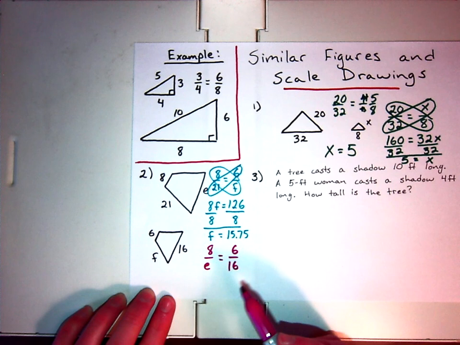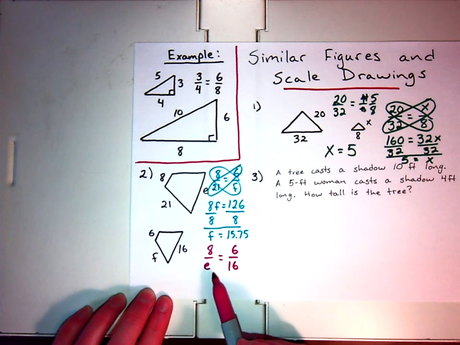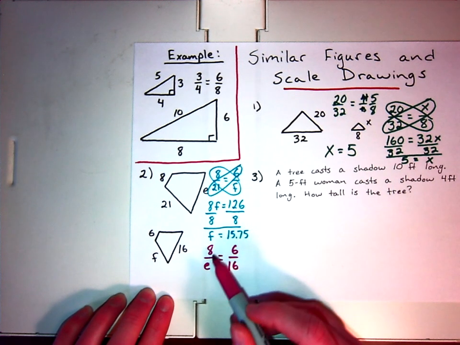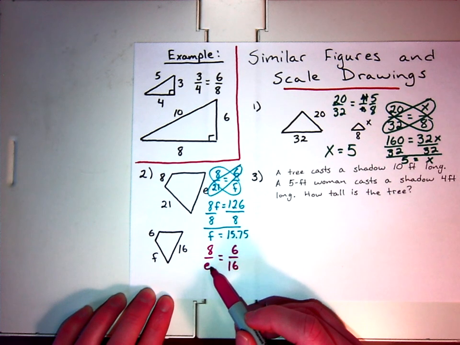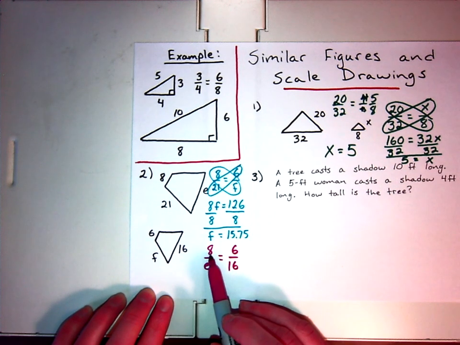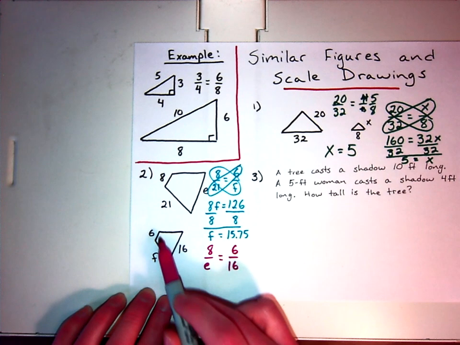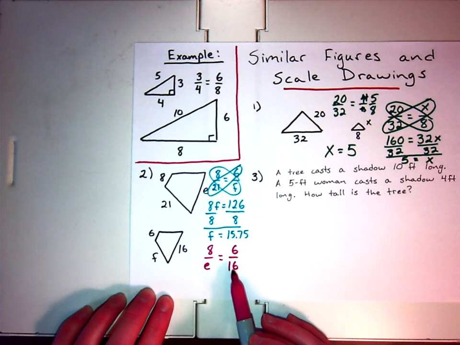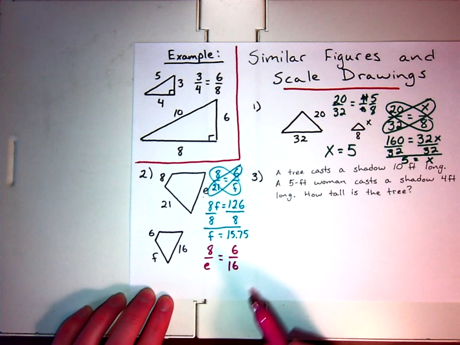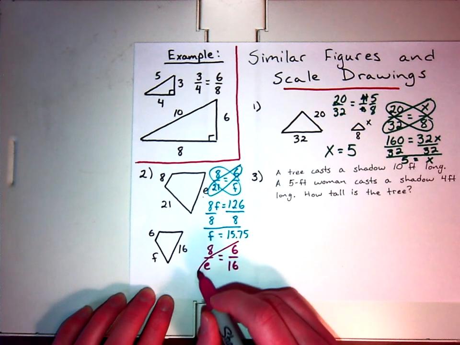Let's check it really quick. 8 over e, same shape. 6 over 16, same shape. 8 and 6, corresponding sides. e and 16, corresponding sides. So I know that this proportion will work because I've checked that everything matches up.